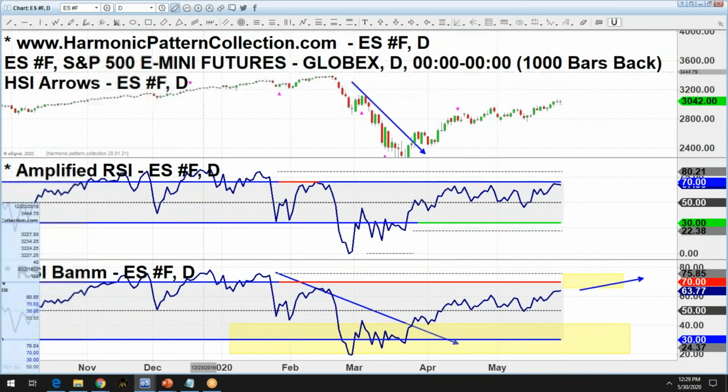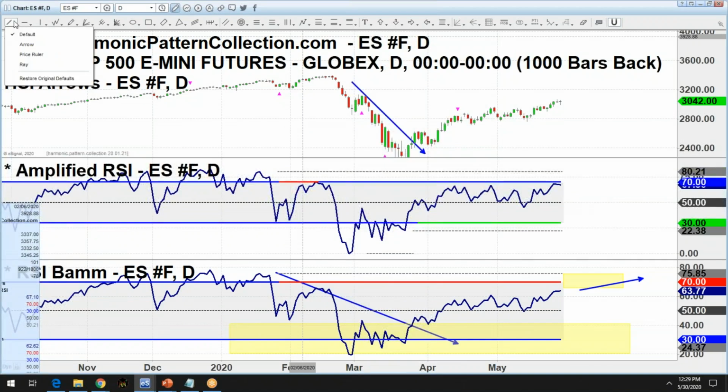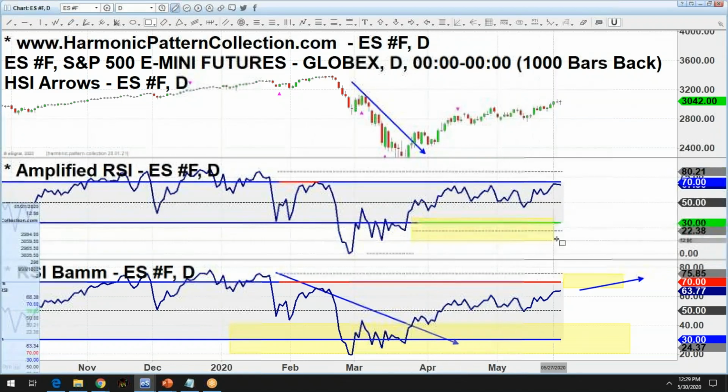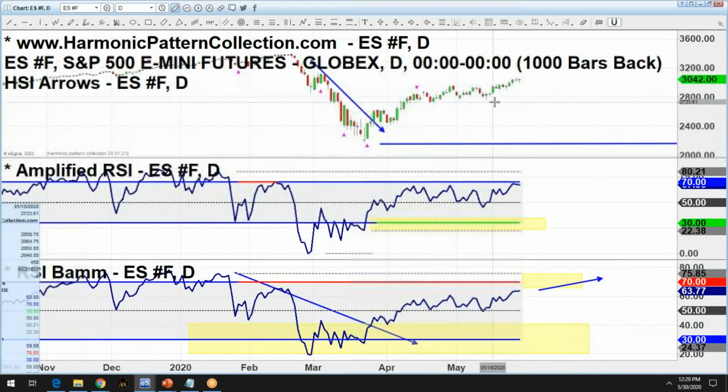So until then, we'll look for it. And the other thing I'm looking for is even a minimum amplified RSI BAM. Why? Because on the weekly level, look, we've got a complex structure here. So whatever this move is, I would expect some type of pullback that would get us back down.